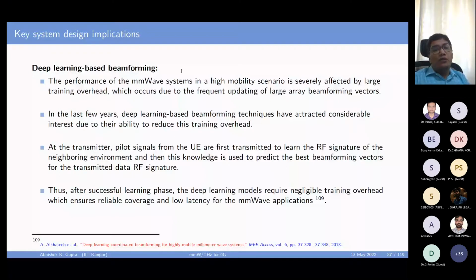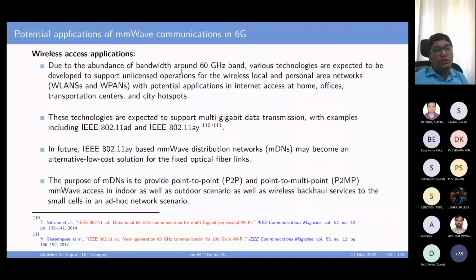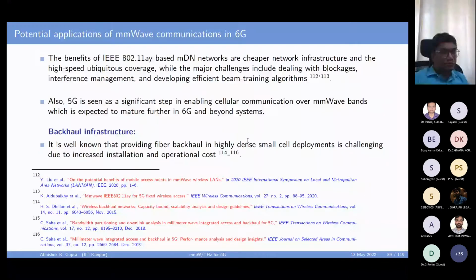Then you will have other applications of millimeter wave. For example, you can talk about 60 gigahertz unlicensed operation using local area networks. There are also different standards made around these frequencies for millimeter wave to be able to support high data rates and various applications of millimeter wave networks.